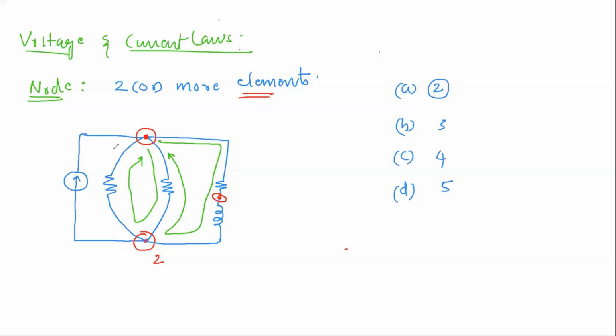This is also called a path. These are 3, minimum 3. Next, you can also see some more paths. I'll show you. If you are starting at this node and going this way, this is also a path.